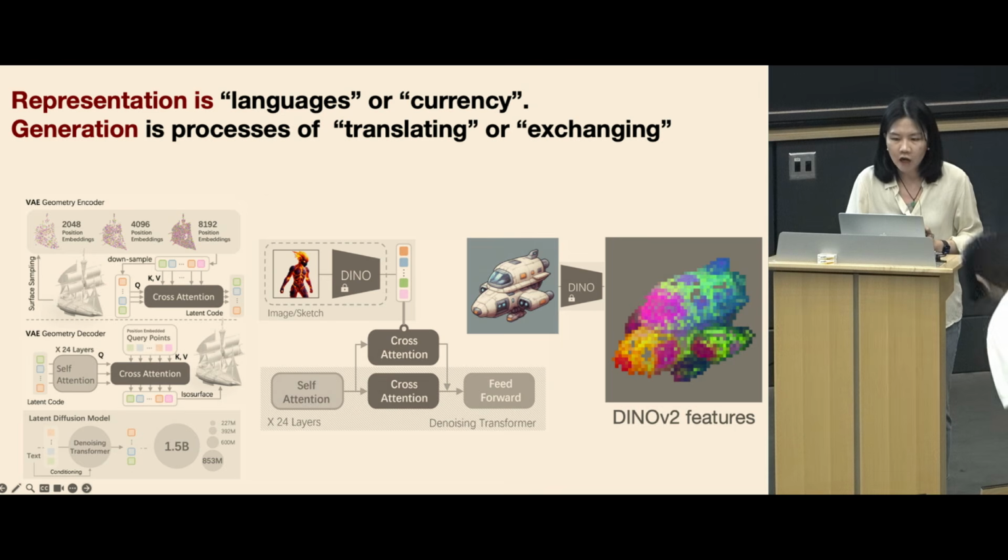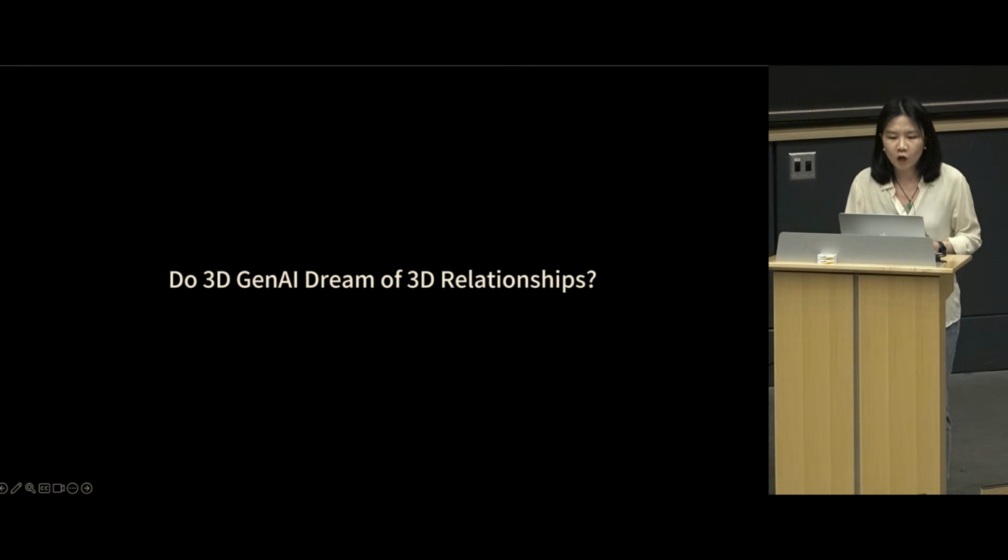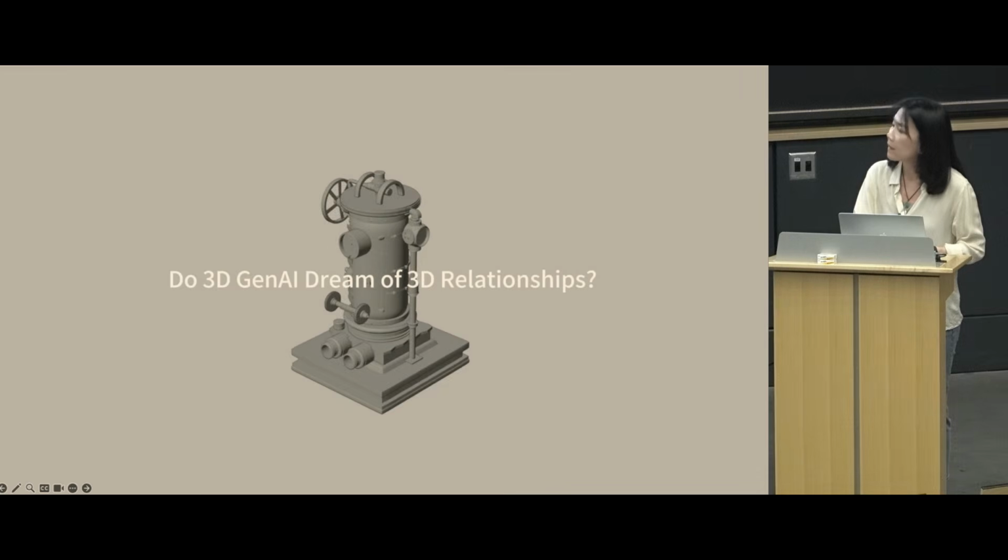In CLAY, the image and shape features are aligned by transformers, and the vector set is used as the intermediate representation. The geometry encoder can be accompanied by special decoders for understanding tasks. For example, one can embed semantic meaning into the shape to support what we call part-aware generation. Here is a very cool demo to show.